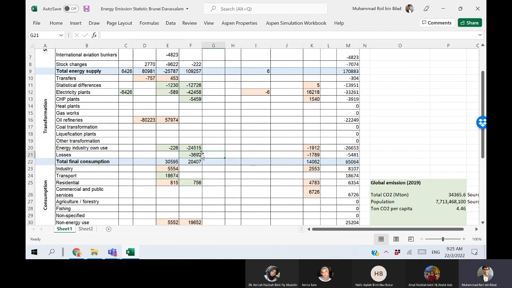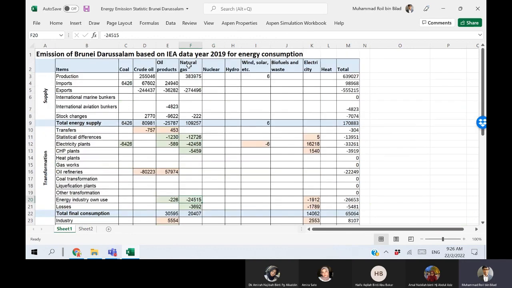This one then is counted. Energy industry own use, I would say this one is not absolutely true, but this is the energy used by the energy industry. For example, you need to power your machineries and so on, and this one is from natural gas. And this one is from oil product. CHP plant is basically a power plant. Electricity plant is a power plant.